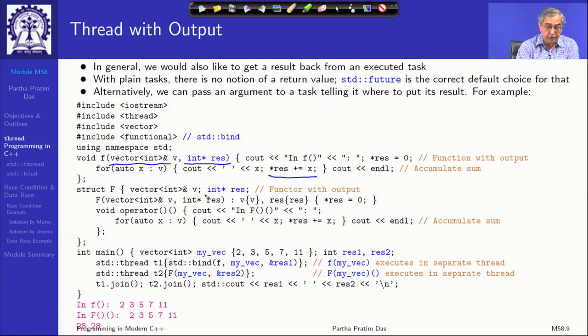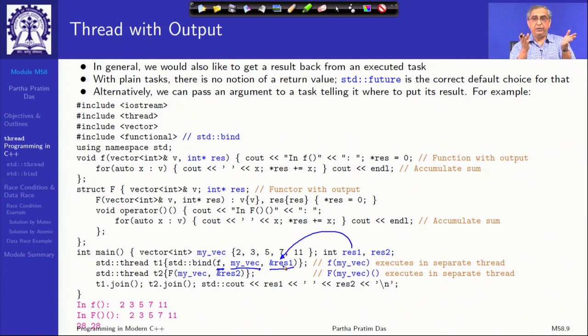Similarly, here we introduce another data member in the functor and compute the summation. So, to invoke the function, I have to bind the function f, the first parameter myvec, and a second parameter which is the result. The result is expected as a pointer to integer, so I have to pass the address of that.